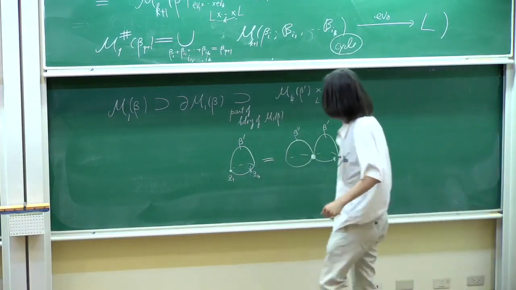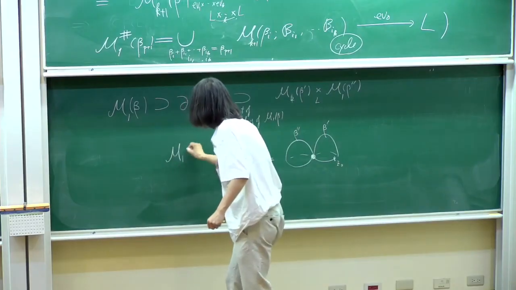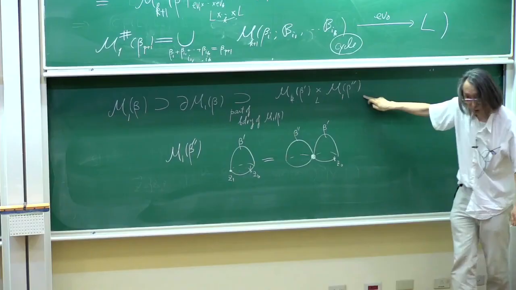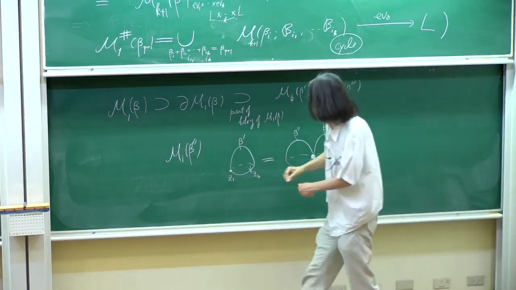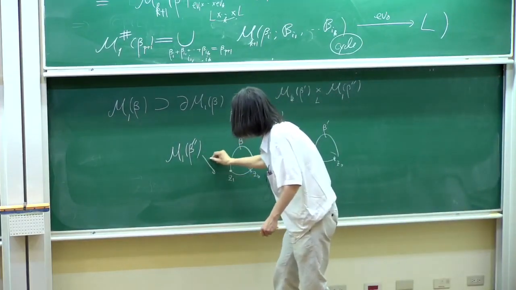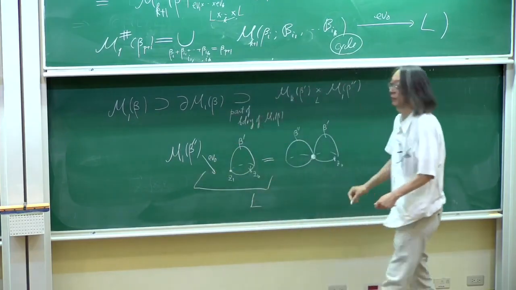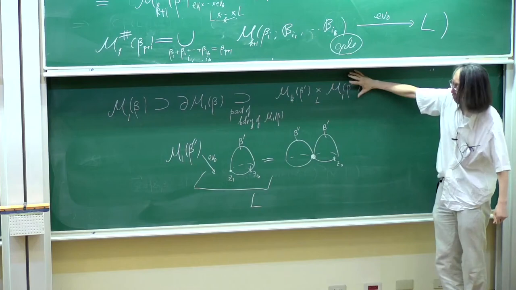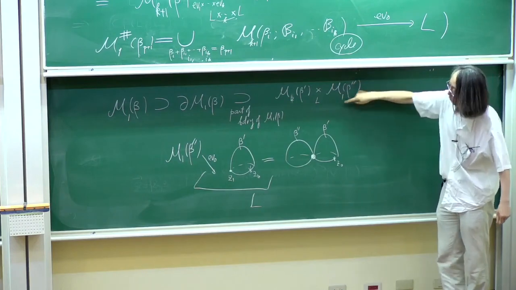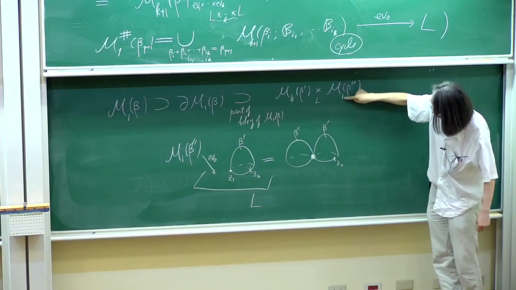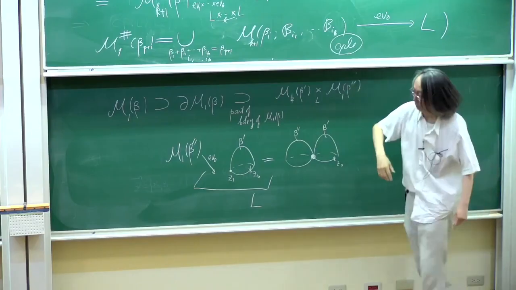And then here I consider a moduli space like M1 beta double prime. Okay? This one. And then consider the evaluation map to L, right? So this one is some moduli space, and because I have one marked point, I take an evaluation map from there.